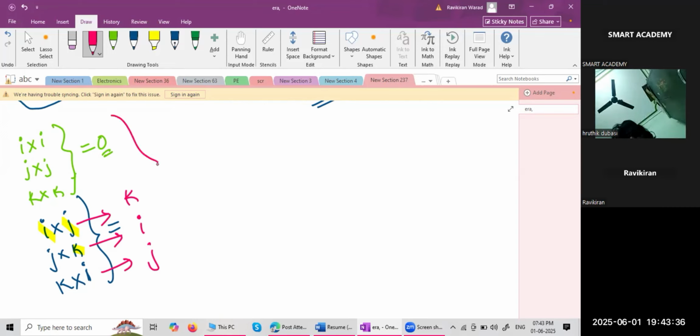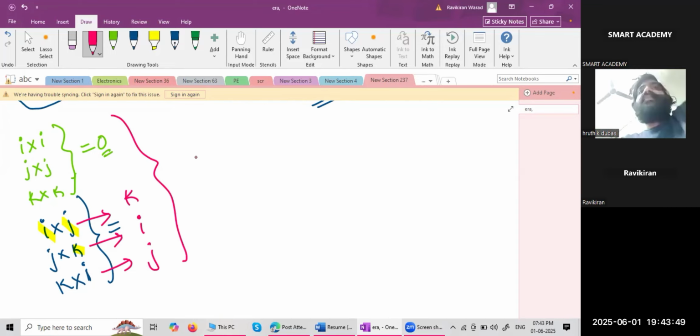Hope you understood all these four sets of notations. These four notations are very, very important, which come under vectors. If you know all these basics, then only we can move on to the remaining topics, maybe gradient, divergence, curl.